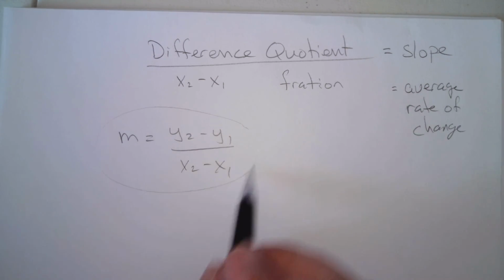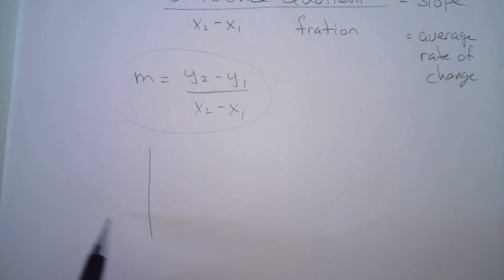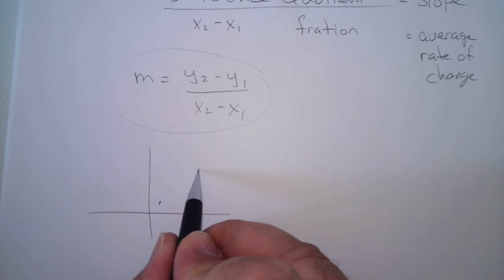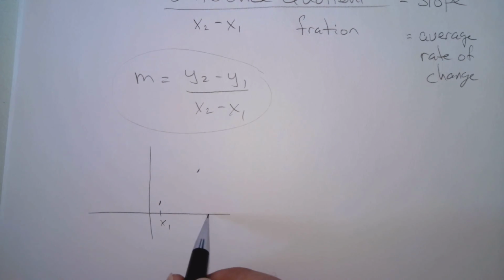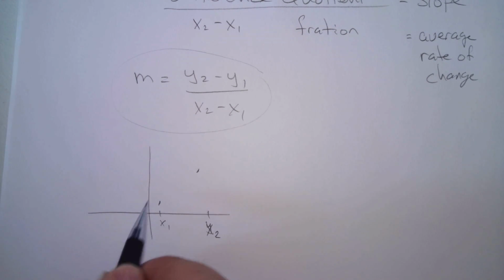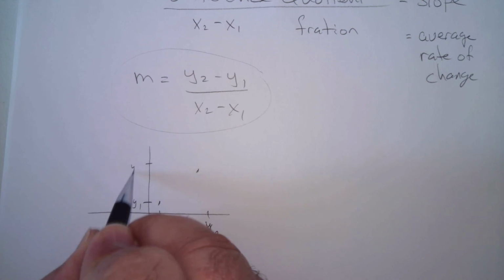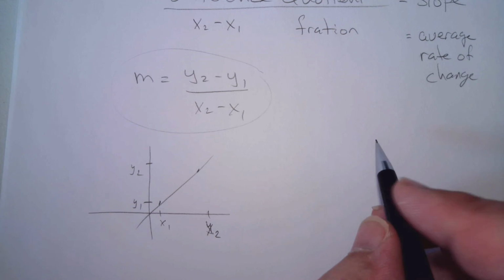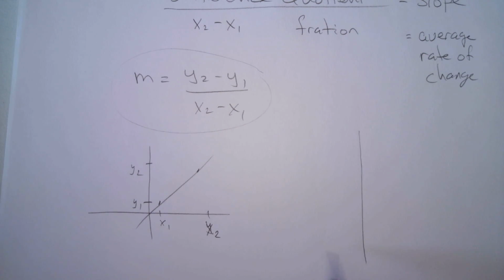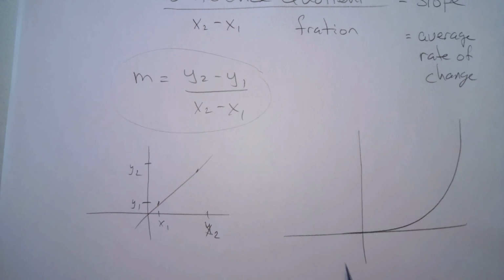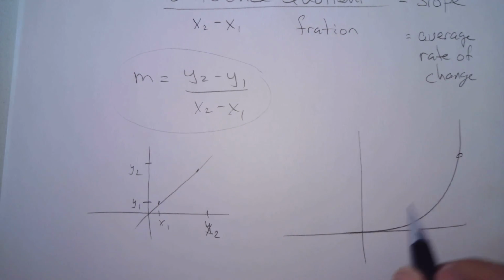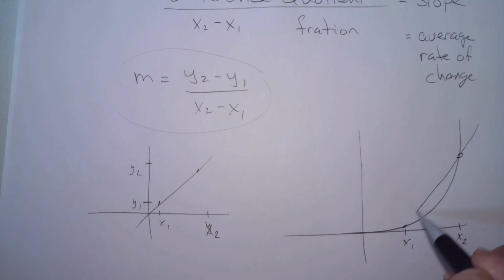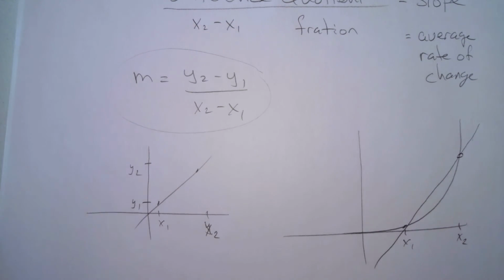This works for lines. We had 2 points. This is x1, this is x2, this is y1, y2, the slope of a line. What we're trying to find out here, so we have a curve, and you have 2 points. Here's your x1 there, there's your x2 there. If we drew a straight line there, we're not finding the slope of the curve.